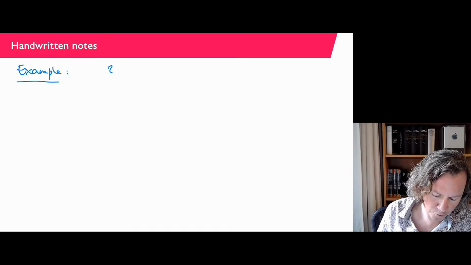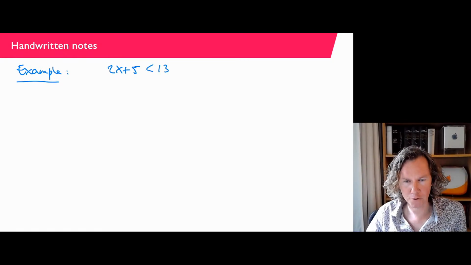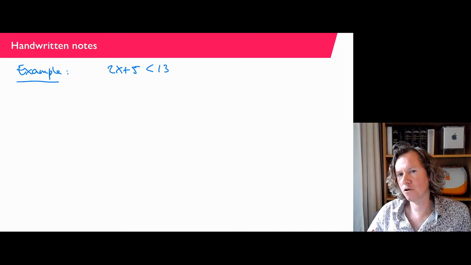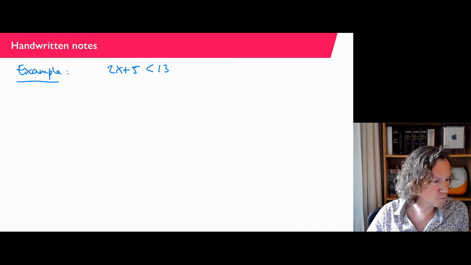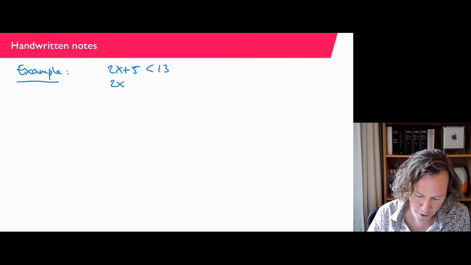So if you are being asked for all the x's for which this holds true, 2x plus 5 is less than 13, you probably remember what to do. You have to subtract 5 on both sides, which means that you get 2x is less than 8. You can divide by 2.